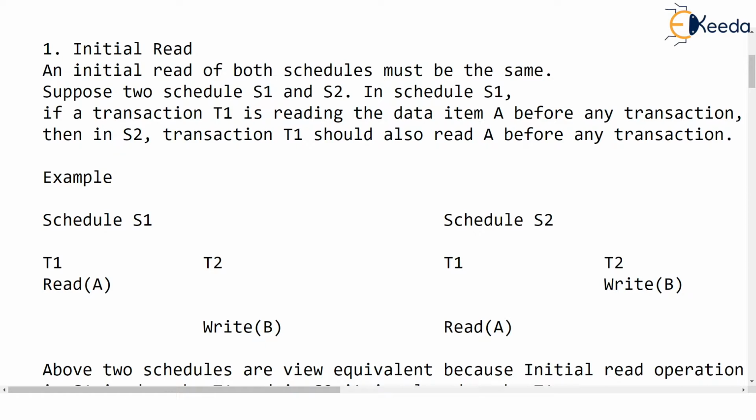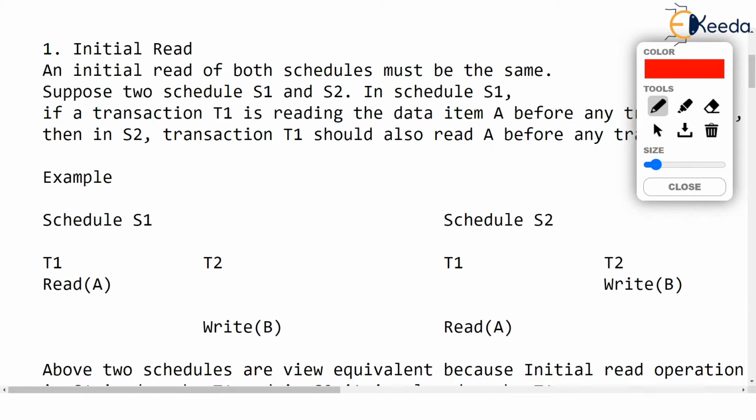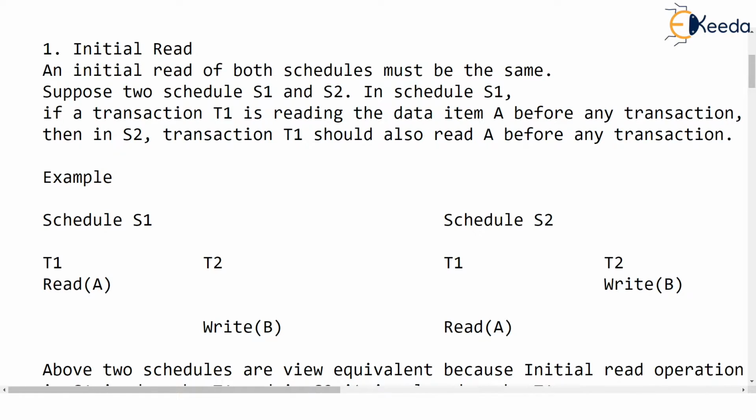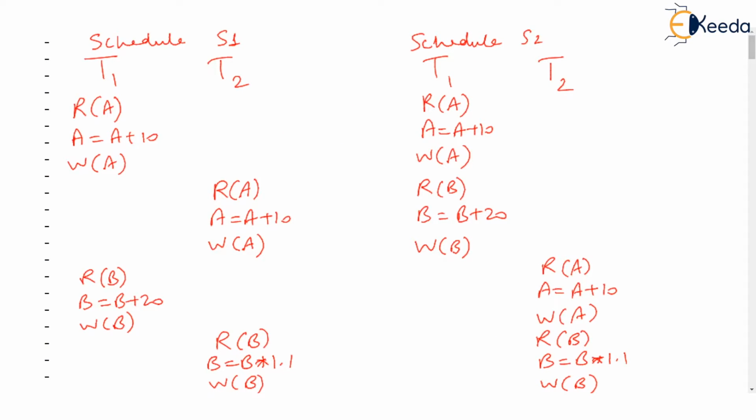If this condition is satisfied, only then we say that these schedules can be view equivalent, because there are two more conditions. Let's emphasize this fact. Here are the two schedules S1 and S2, and they contain T1 and T2 transactions.